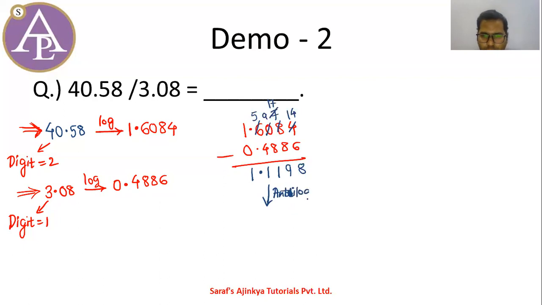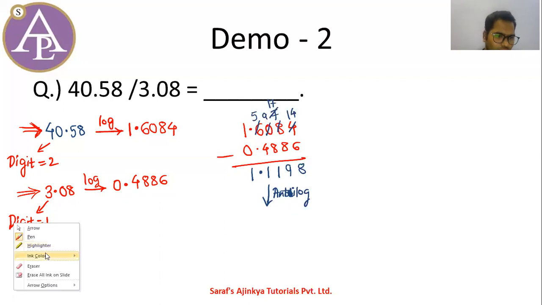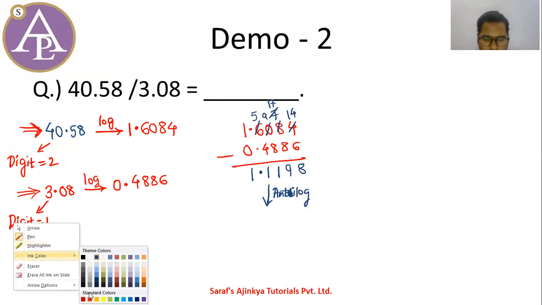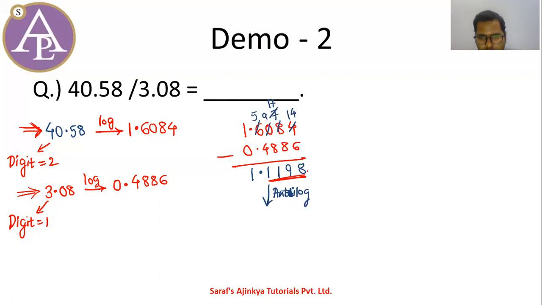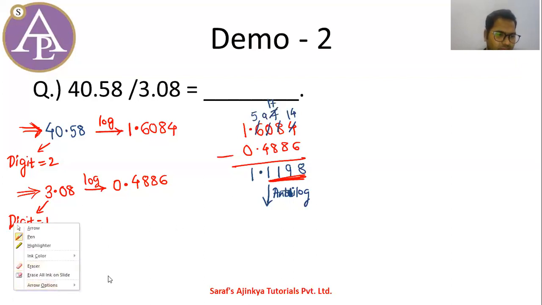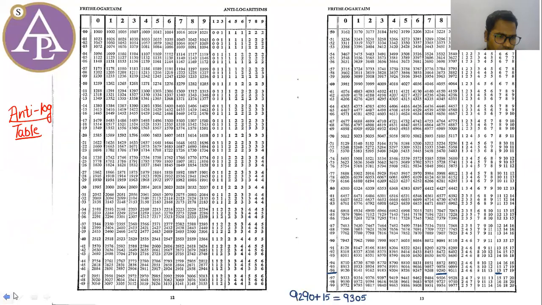Anti-log. Now for anti-log, which digits should we consider? We should consider these digits. For finding the anti-log, we take digits after the decimal point. So 0.1198. So I will go to the anti-log table and my number is 0.11. Where is 0.11? This is 0.11.